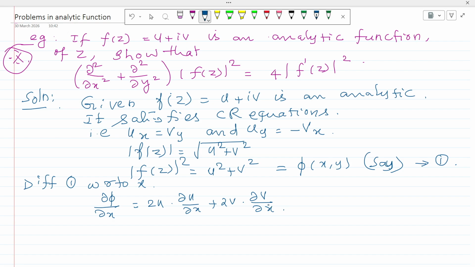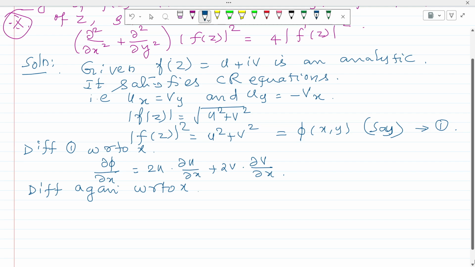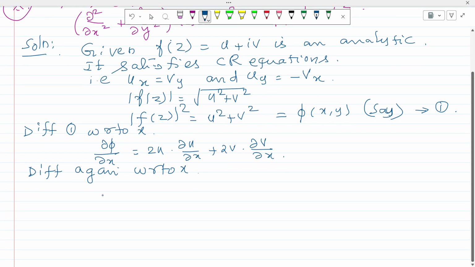No? Okay, fine. So differentiate again with respect to x. Then you get dou square phi by dou x square equal to 2, take it outside.